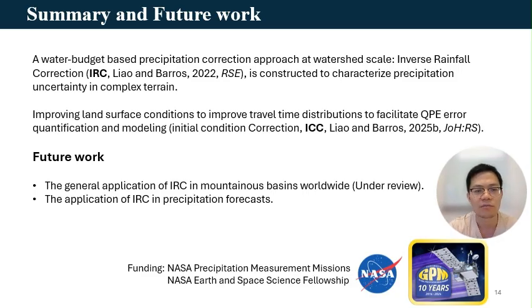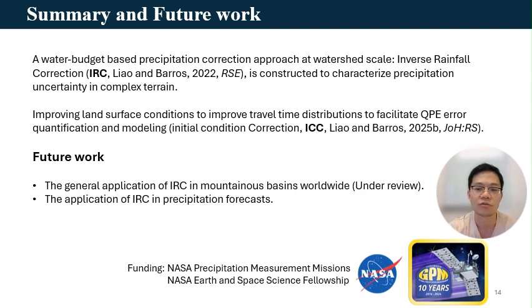So now the summary of this talk is that we developed this precipitation uncertainty correction approach, a framework that is independent of scales, that is based on fundamental watershed physics, called inverse rainfall correction, or IRC.